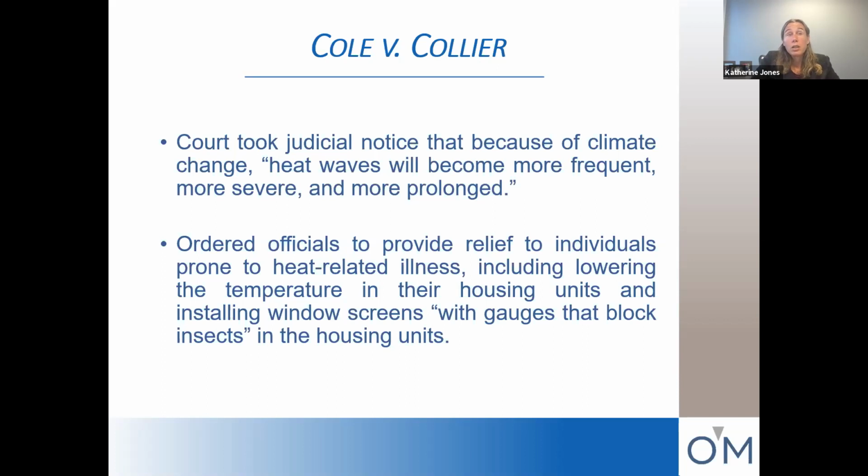And to be fair, the design professionals in this case may well have done that, and it just wasn't followed. But it's a good example of courts really looking at climate change as being foreseeable.